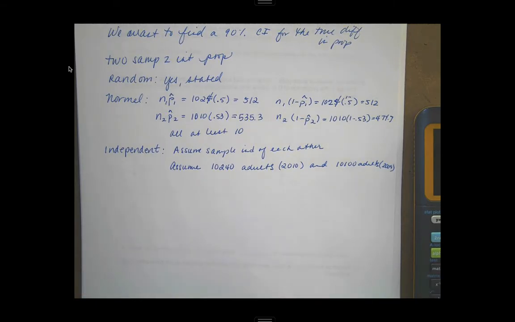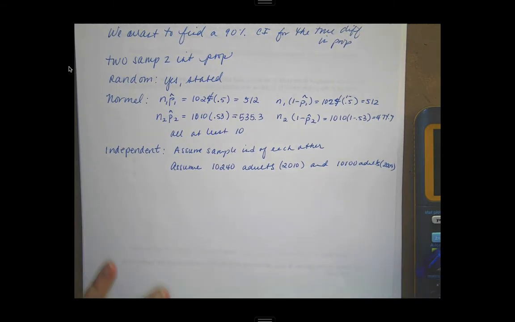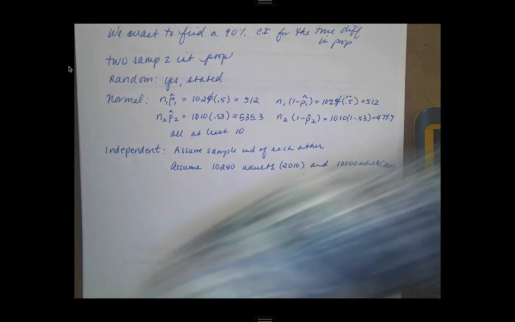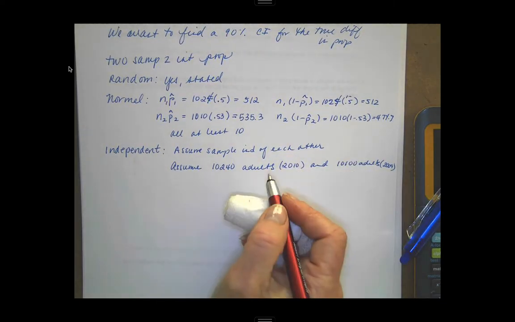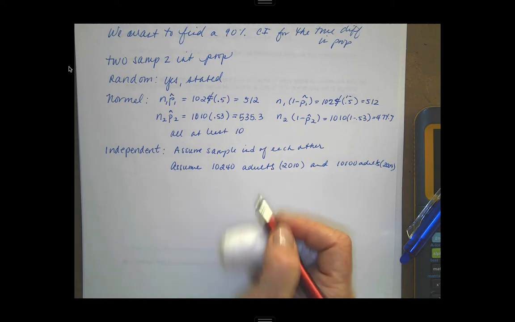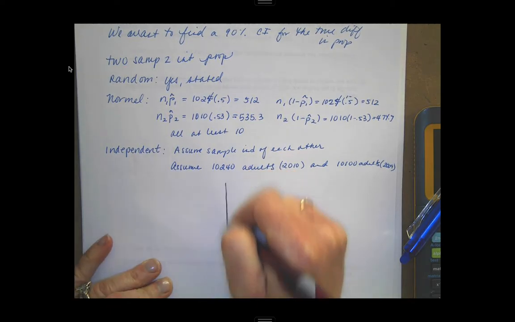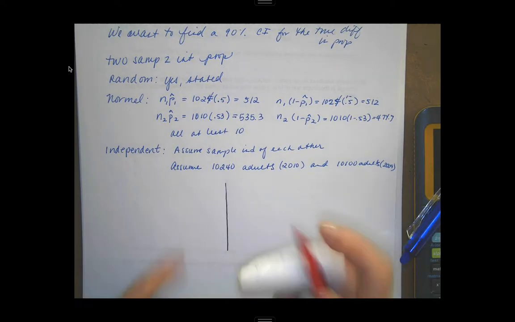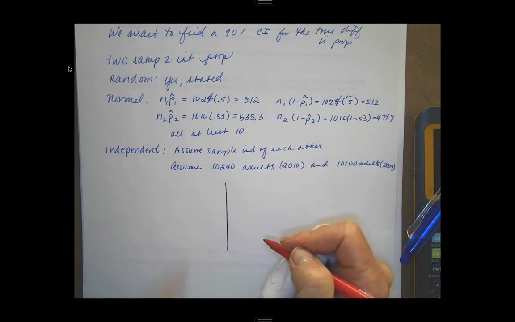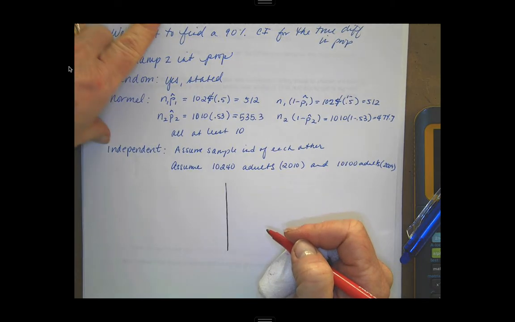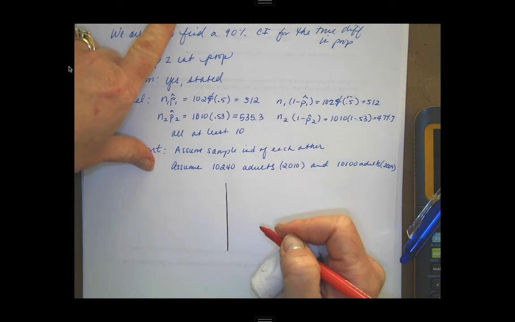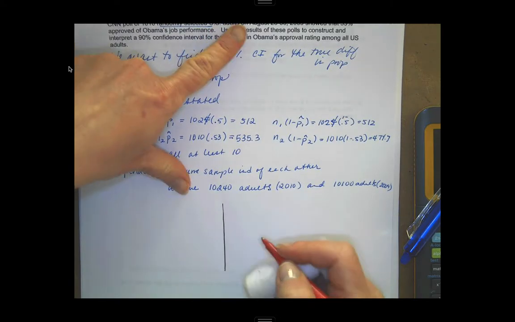Then, I'll show you both ways. I'm not going to even type the formula into the calculator, but I'll just show you what it would look like. So if I were going to use the formula, I would have p hat 1. In this case, I'm using 2010, so that would be the 0.5.